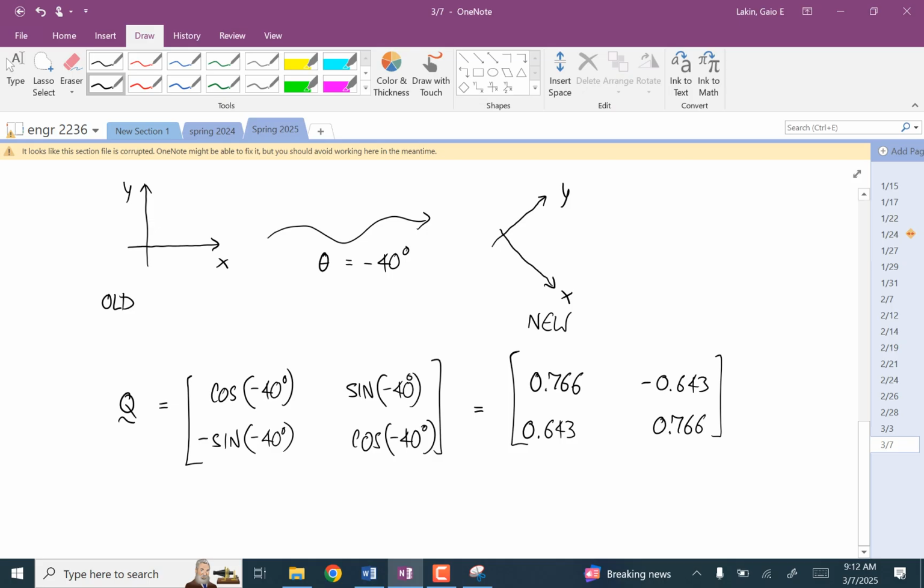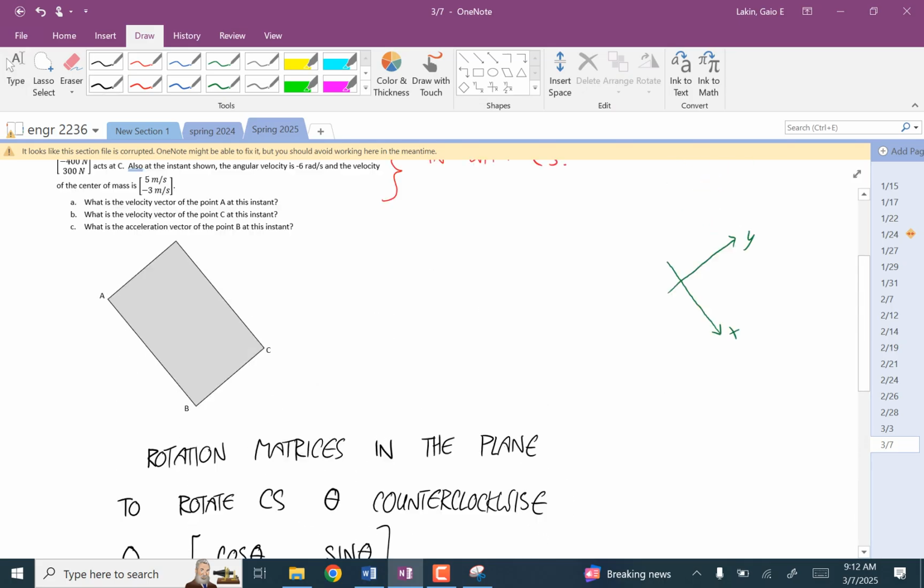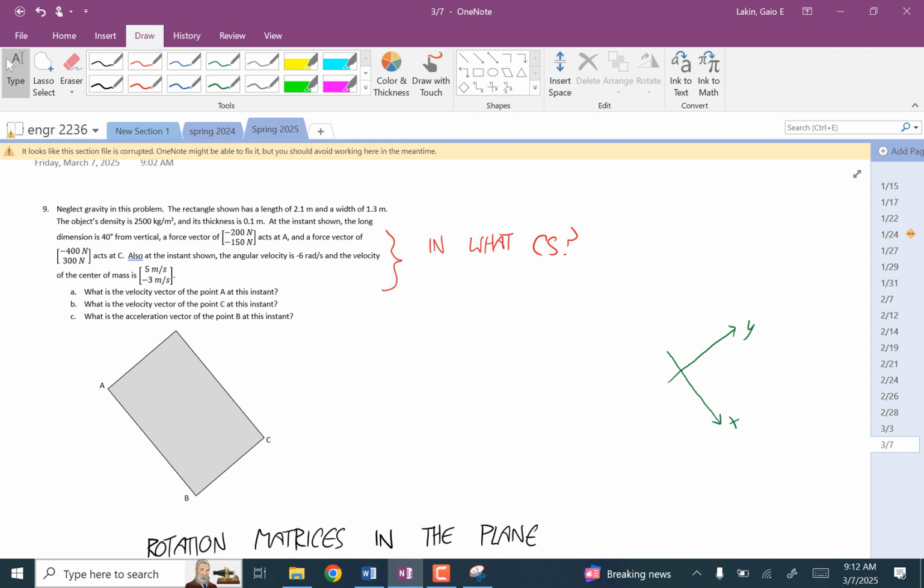Yes? In the problem it says 40 degrees from vertical, so wouldn't that make it 50 degrees? From vertical, yeah, you're right. So, 40, wait. At the long dimension, oh yeah, thank you. This is 40 degrees.